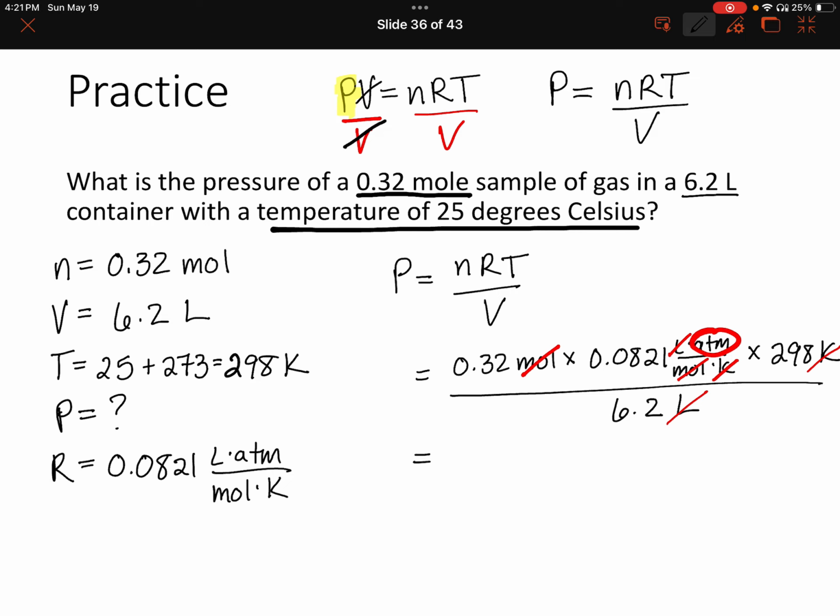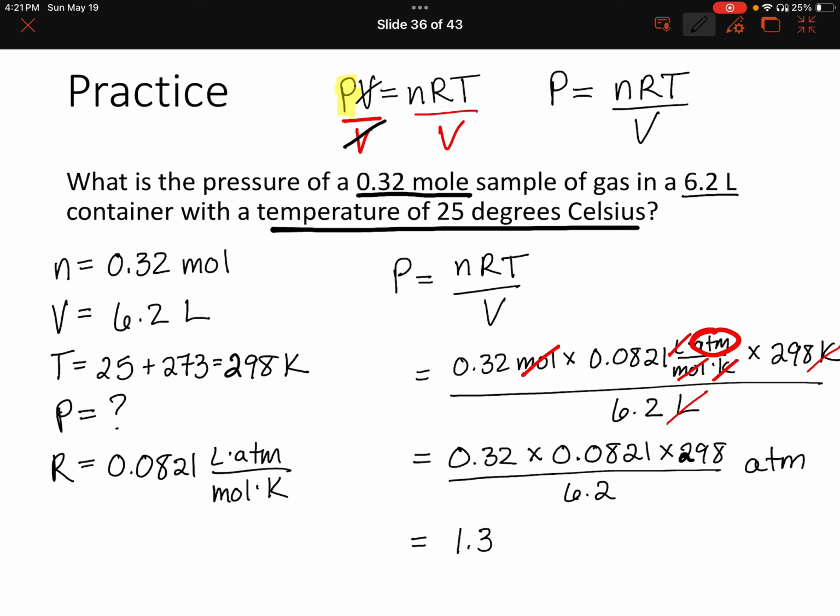Now we just have to multiply 0.32 times 0.0821 times 298 and divide by 6.2. And our final unit is atmospheres. When I plug this in, I get 1.3 atmospheres. I'm going to stick with 2 sig figs for this problem, so I rounded up.